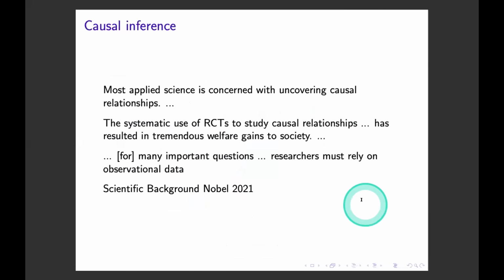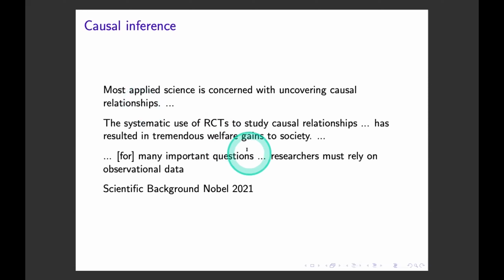So first, causal inference. In this year's background to the Nobel Prize, it says most applied science is concerned with uncovering causal relationships. The systematic use of RCTs to study causal relationships has resulted in tremendous welfare gains to society.